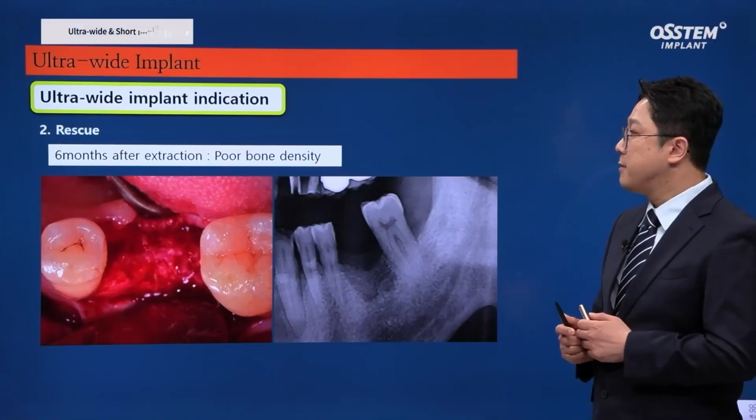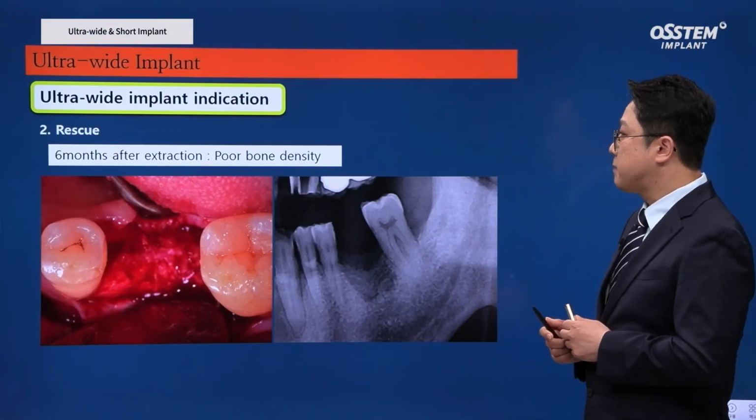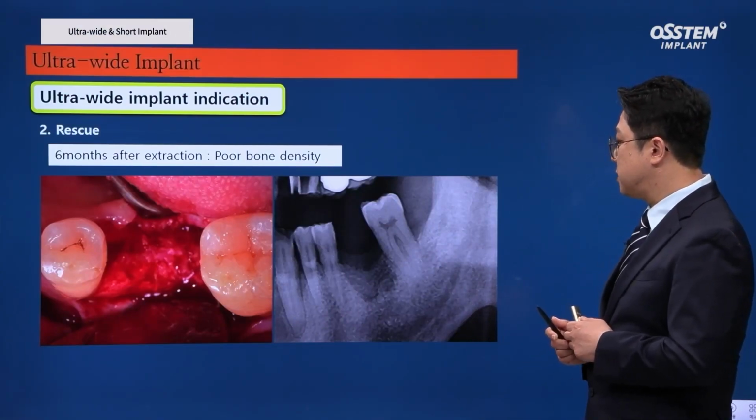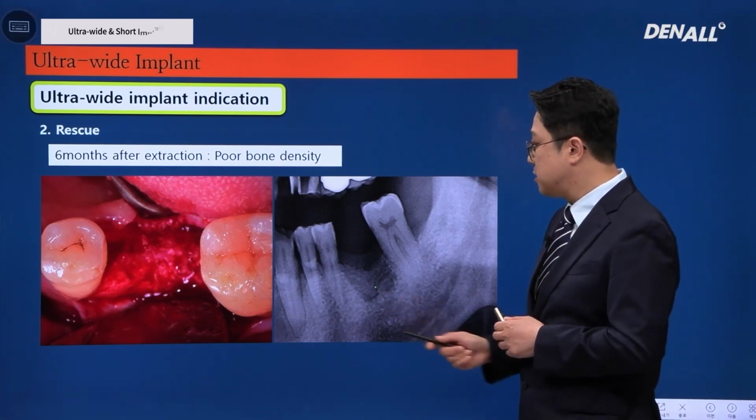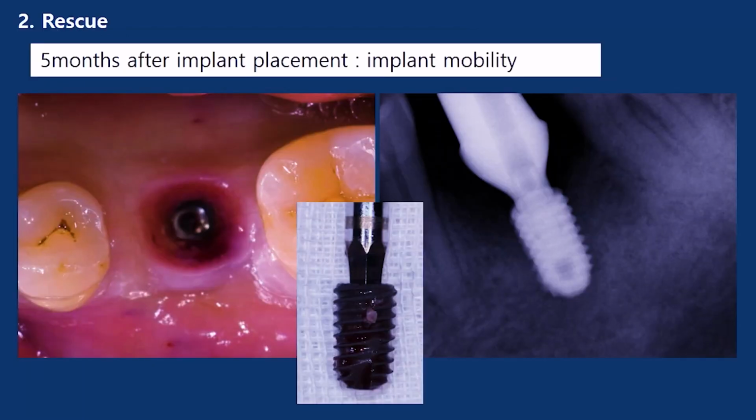I use it for rescue purposes as well as for this patient. After 6 months since extraction, in placing the implant, the bone quality was not good. After placing a 5.0 by 8.5 millimeter implant, primary stability was somewhat okay. Progressive loading of the provisional was done, but the patient complained that there was mobility of the implant.